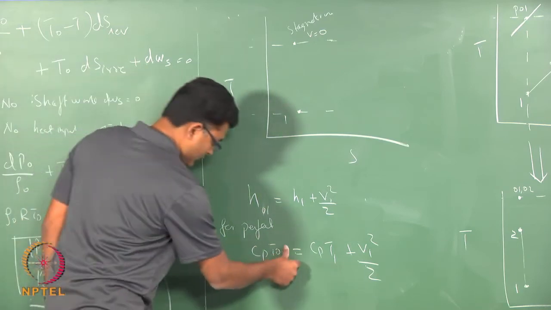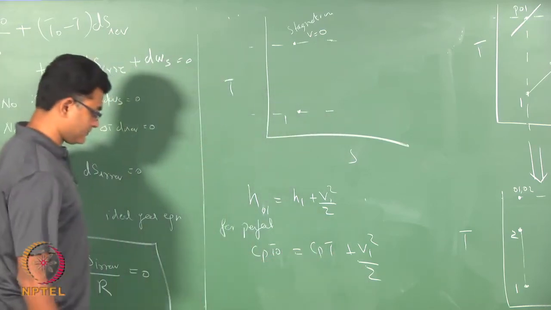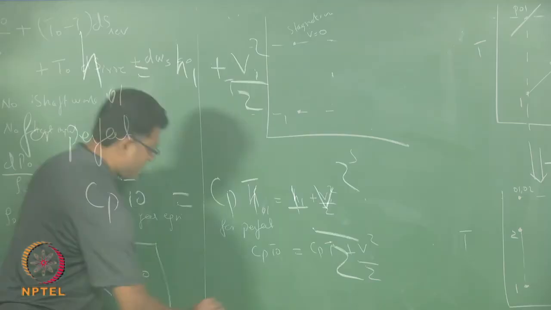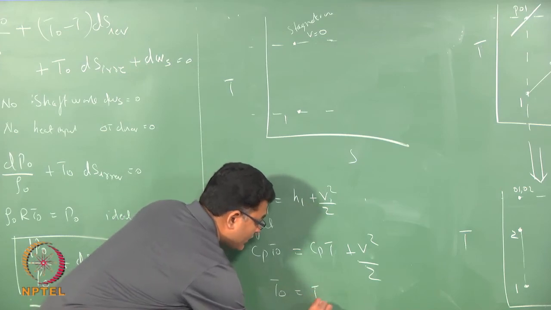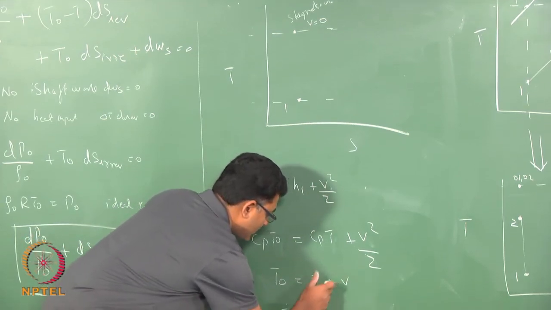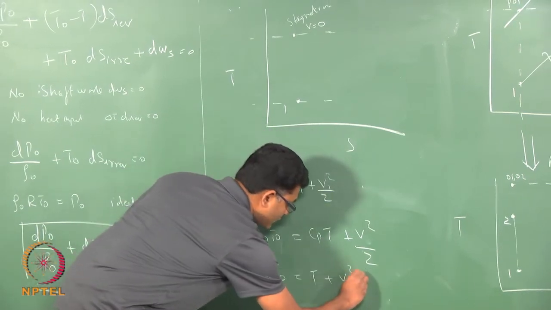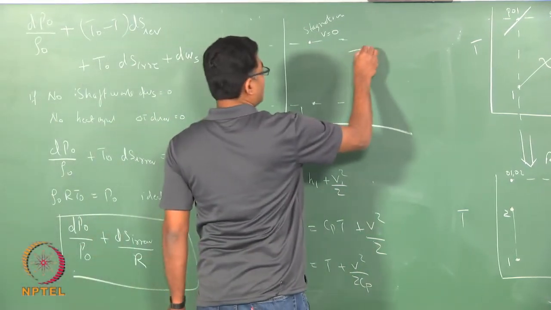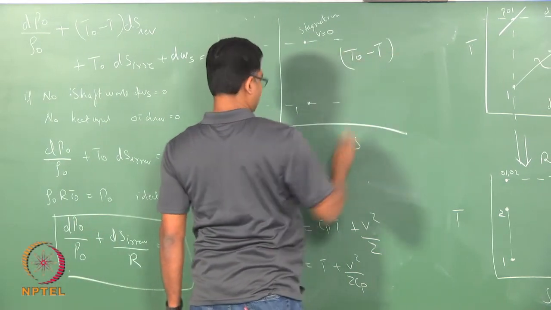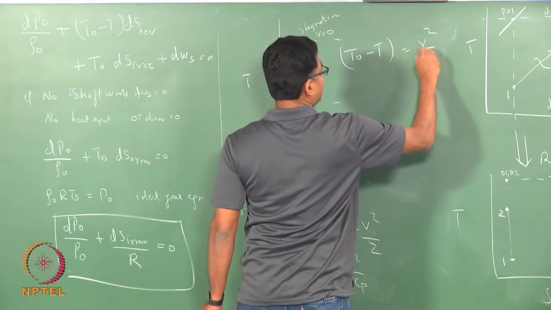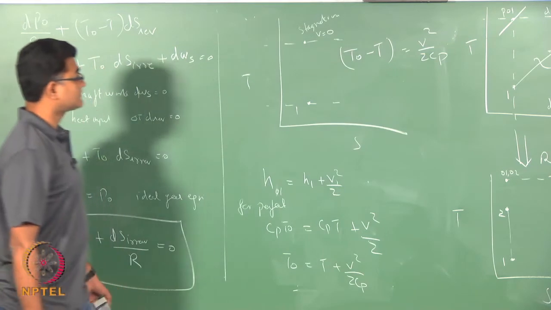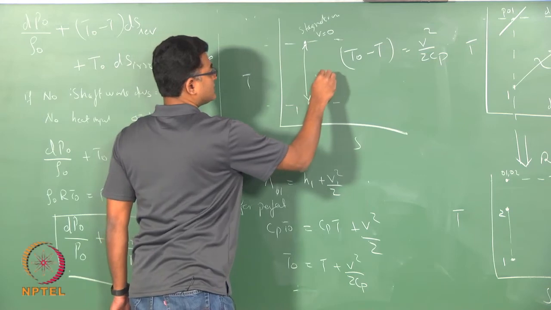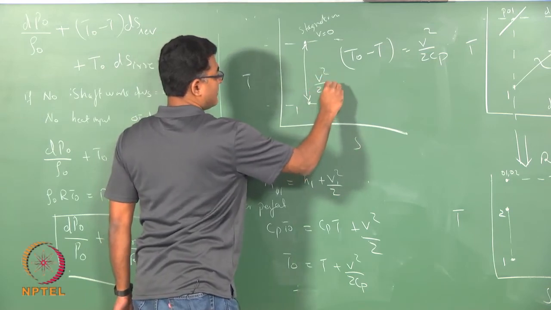For any process, I can remove the suffix 1, for any state. So, my T0 is T1 plus V square by 2Cp, or my T0 minus T is V square by 2Cp. So, this difference here is just V square by 2Cp for a perfect gas.